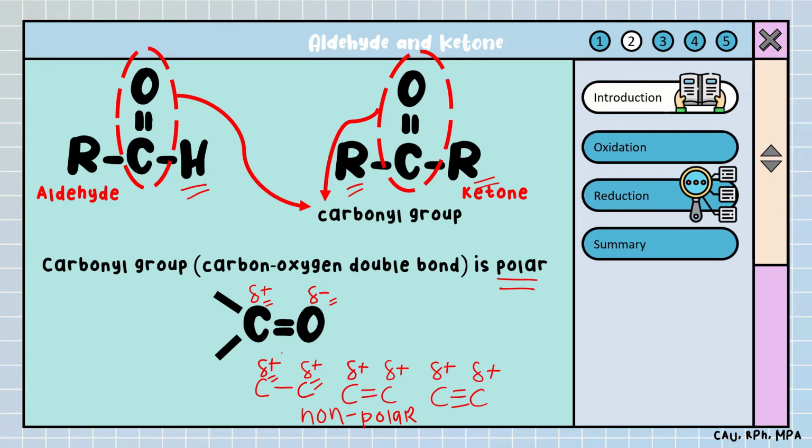Aldehydes and ketones are responsible for the odor and taste of numerous nuts and spices. They undergo a variety of reactions that lead to many different products. The most common reactions are oxidation-reduction, also known as redox reactions.